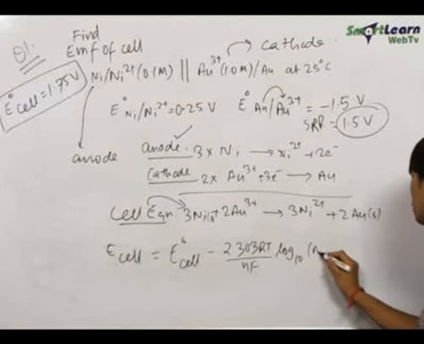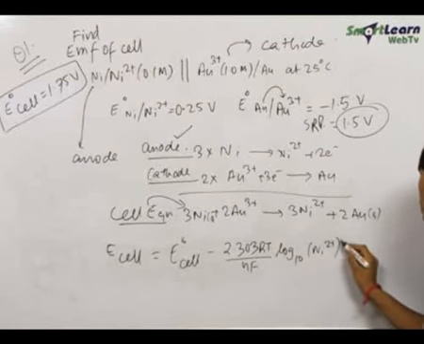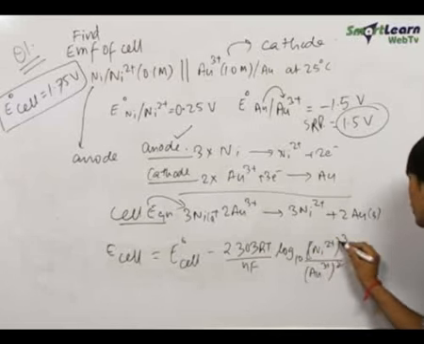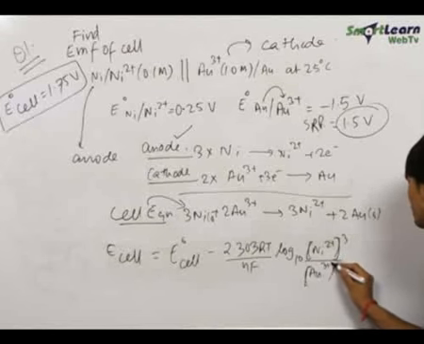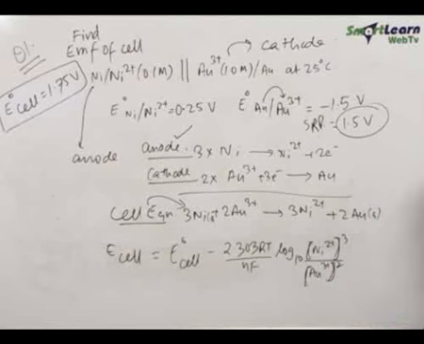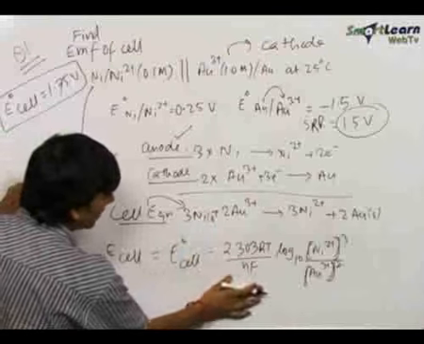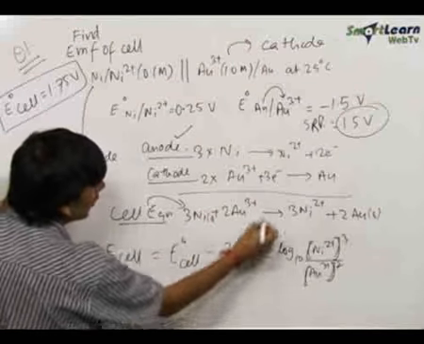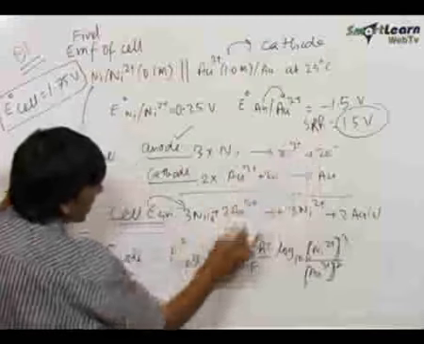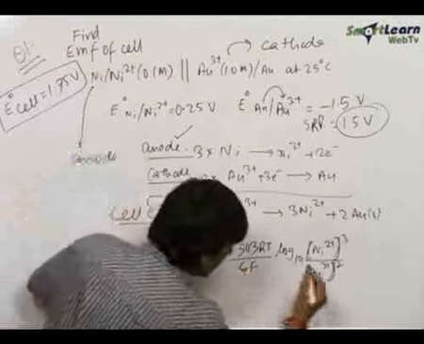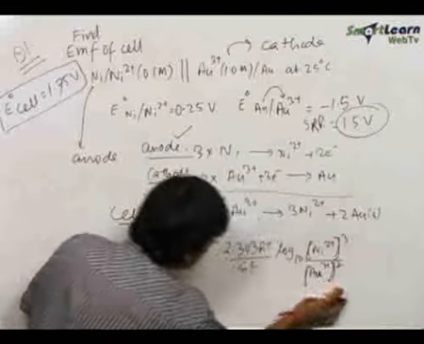Therefore this will be nickel 2+ whole cube upon gold 3+ whole square. This is concentration of nickel 2+ and this is concentration of gold 3+. So now you should also remember that this N is the number of electrons which are cancelled while forming the cell equation, which is 6 in this case. So we will write 6 over here. This is not aluminium, this is gold, Au.